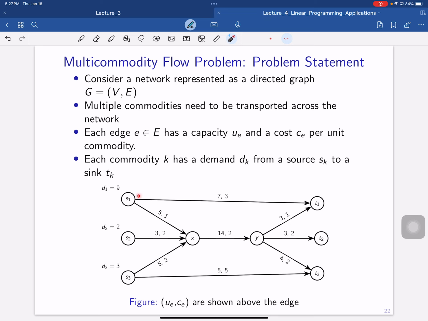And let's say on the left-hand side, you have a bunch of nodes S1, S2, and S3. So those are usually called the source nodes. And on the right-hand side, those nodes are called the sink nodes.